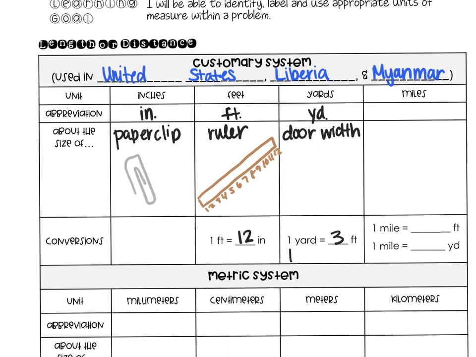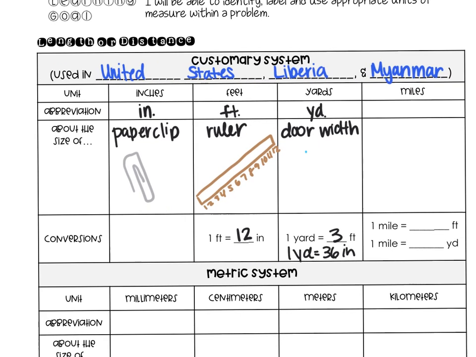I should add, that is 36 inches. That's about how wide a door will be in most circumstances. So remember that you're looking at the width of the door, all the way across, not the height.